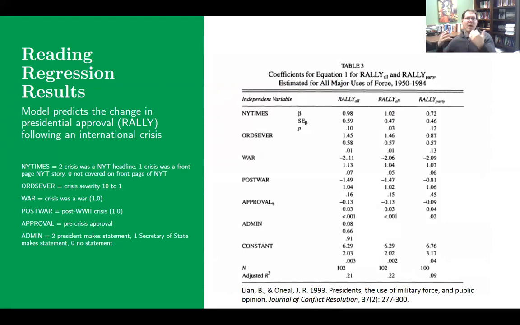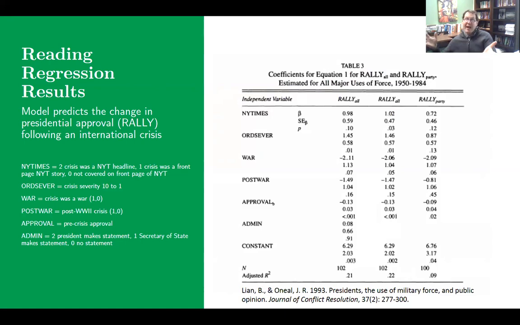And so we could say, well, hey, if the story gets covered on the front page of the New York Times, even if it's not a headline, that's going to have the effect of increasing the president's public opinion approval rating by 0.98, basically a point.